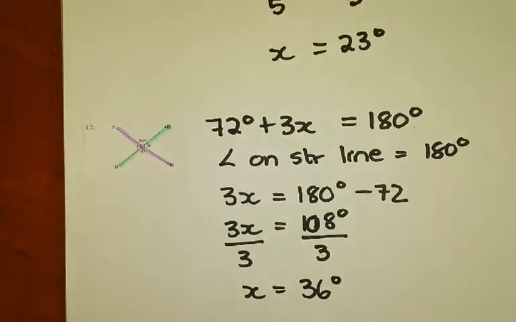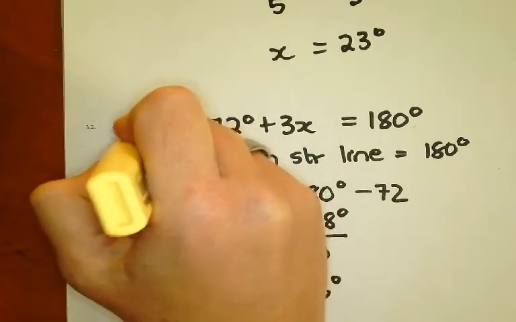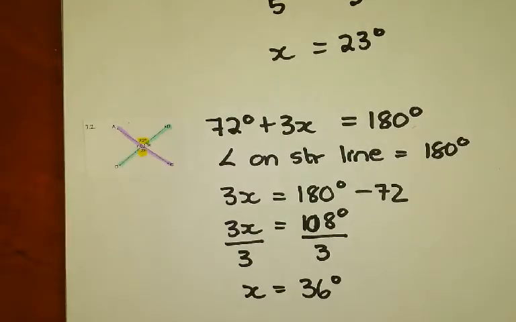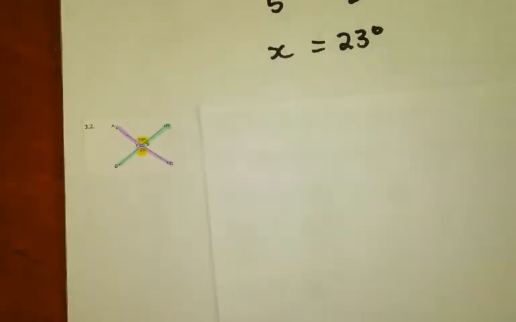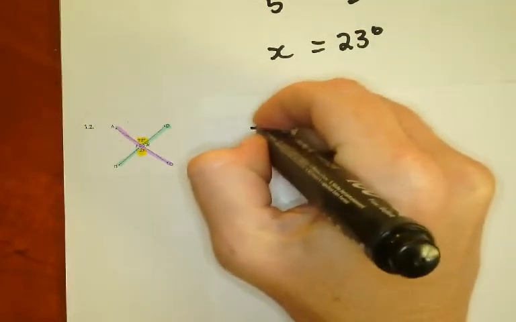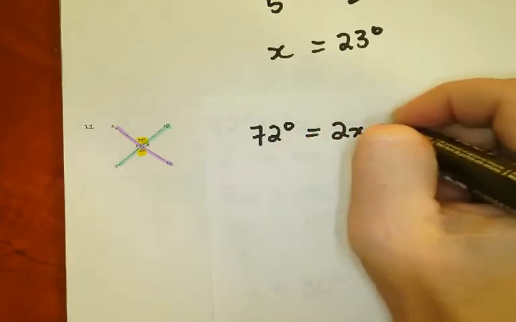There is one more way in which you could have solved for x here. Trying to find another color that's going to stand out. You could have used this 72 and that 2x. Those two angles are vertically opposite. So, again, I can't just make the statement, I have to give a reason. So 72 degrees equals 2x.